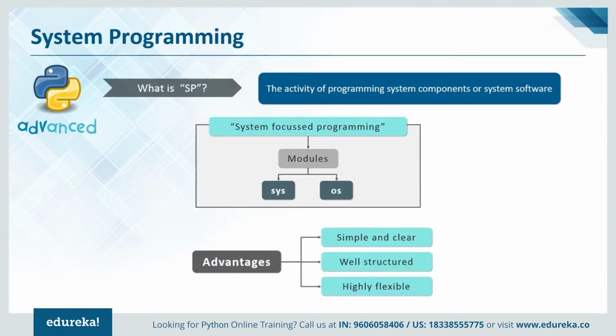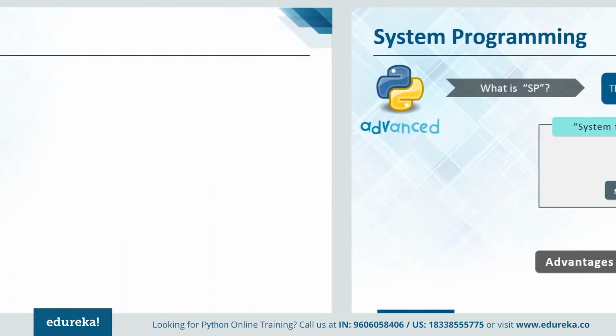By means of the abstraction layer, it is possible to implement independent applications in Python, even if they access operating system specific functionalities, guys. So in my opinion, Python is well suited for system programming or even platform independent system programming as well. So the general advantages of Python are valid in system focused programming here too. So it is simple and clear, it is well structured and definitely highly flexible, guys.